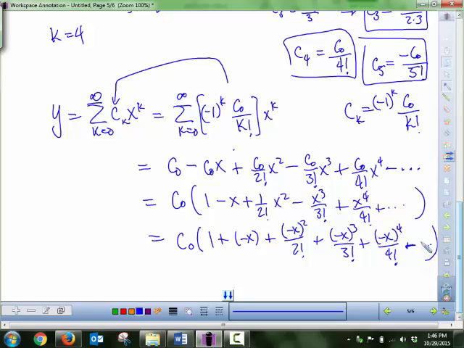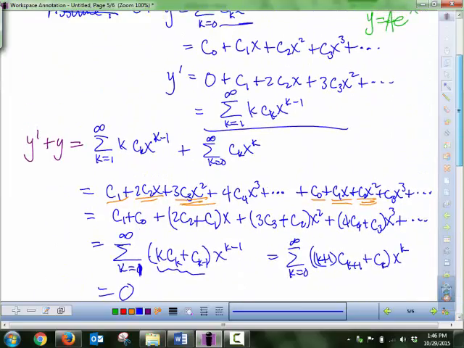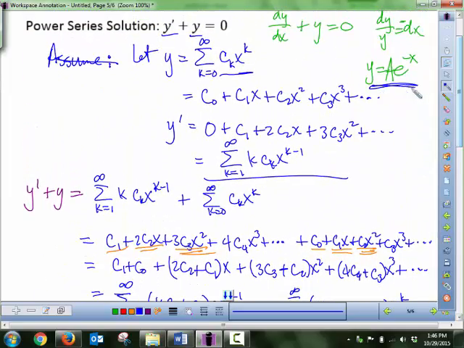So imagine putting a negative x wherever you see an x, right? So this is exactly the exponential function with, instead of just a plain x, it has a negative x. I think, hey, that's our original answer.